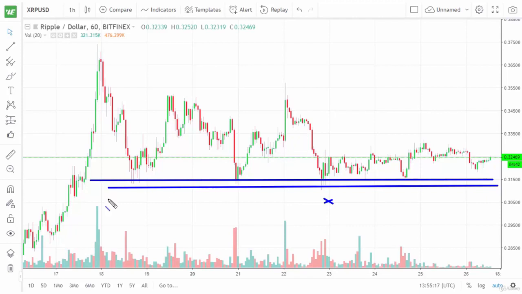So you have to think of them more as guidelines. Every once in a while, they will be hard as a rock, but that's less common than an area like this. And a lot of that comes down to fills. You don't always get filled at the exact price. Large institutions don't want to throw all of their money in at one time because they can move the market against themselves.